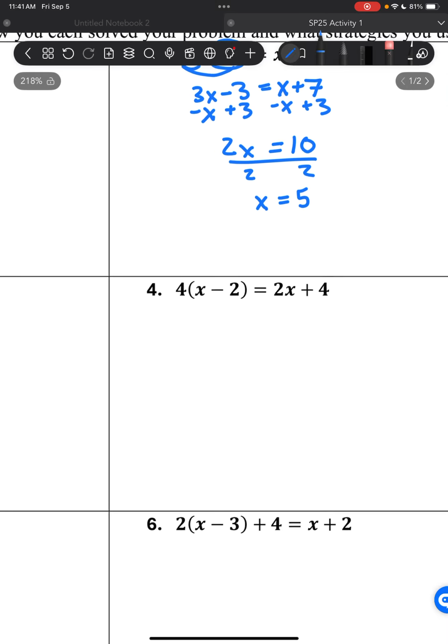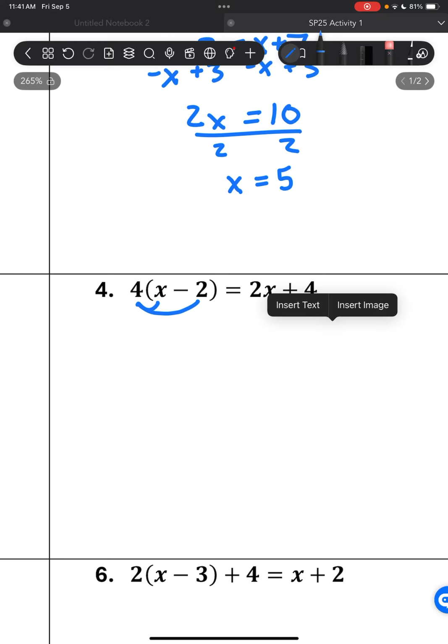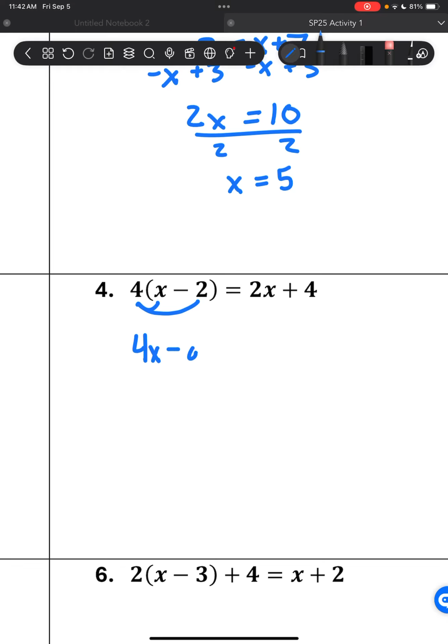Alright, moving on to number 4. Same thing. You need to draw these lines, it's okay, just to make sure you are distributing, because it does trip you up sometimes if you do it too quickly. This is just a trick that I do, just to remember. So we have 4x minus 8, 2x plus 4 stays the same.